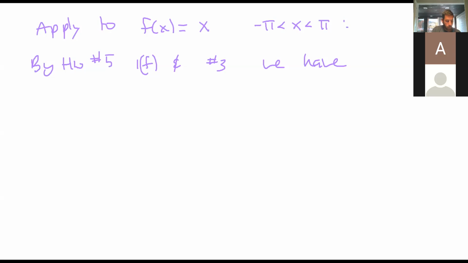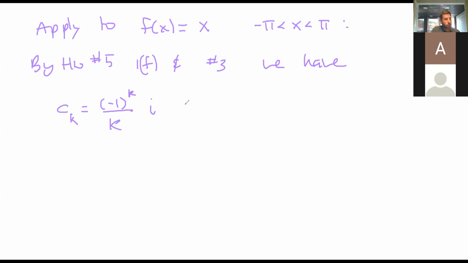The Fourier coefficient C sub k, we were using k, let's be consistent, and we talked about this integral actually, is -1 to the k over k times the imaginary number i.